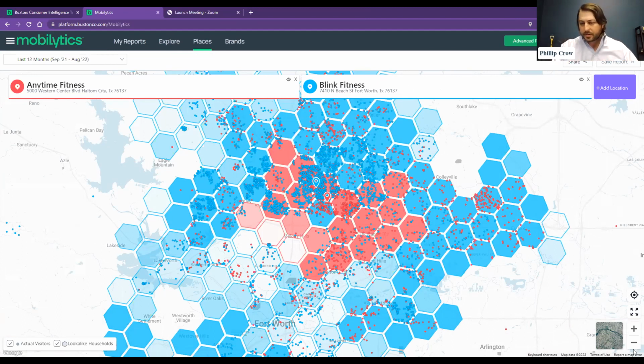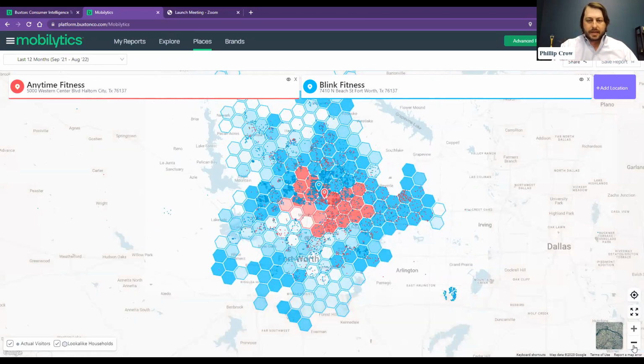I'm going to zoom out just a little bit, and you can see here that the hexagonal cells don't go out forever. They stop. Why is that? Well, these are representing the trade areas of these two businesses. So they're only going to go out, in this case, as far as the trade areas that we've identified through the data for these businesses.